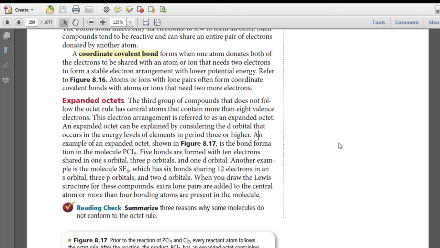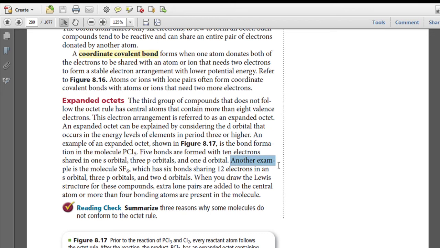An example of an expanded octet, which we'll see in 8.17, is the bond formation of PCl5. 5 bonds are formed with 10 electrons shared in one s orbital, 3 p orbitals, and 1 d orbital.